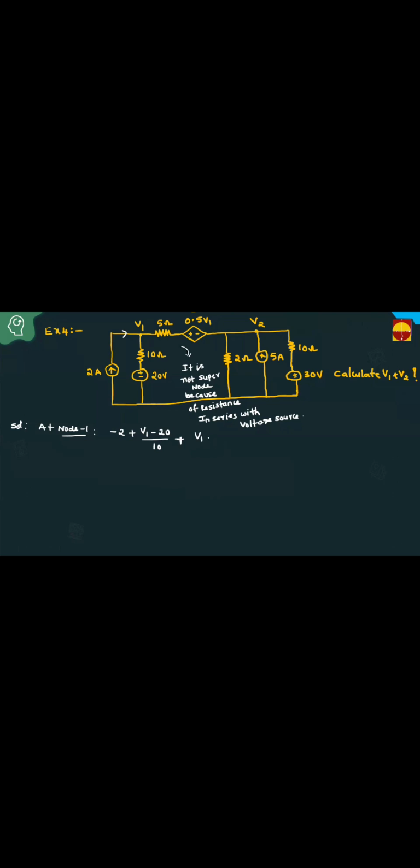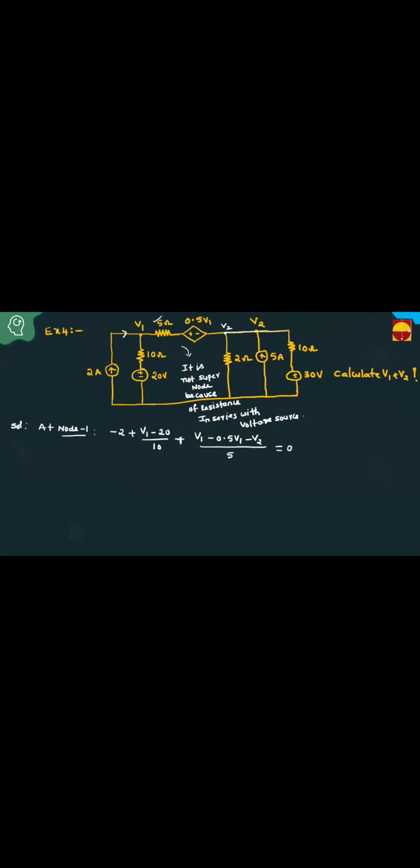Positive to negative means negative: minus 0.5 V1. So this source voltage is 0.5 V1. Positive to negative now, negative. This is V2. This total is one wire only, so this total is V2. This is minus V2 by the resistance 5. Concentrate. If the dependent source is present, how are we applying it? Equal to 0.